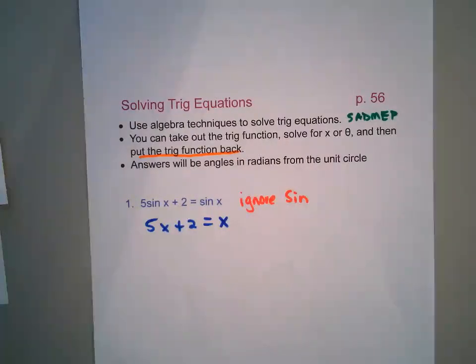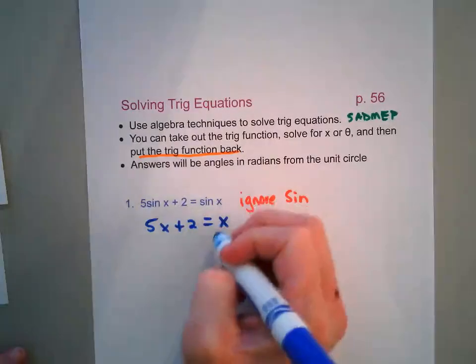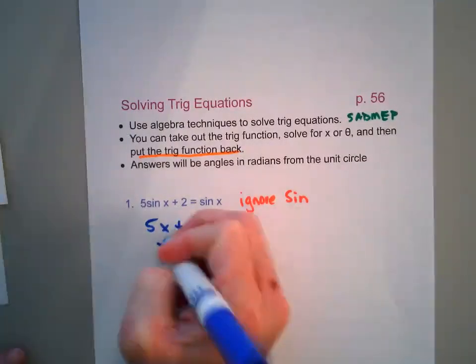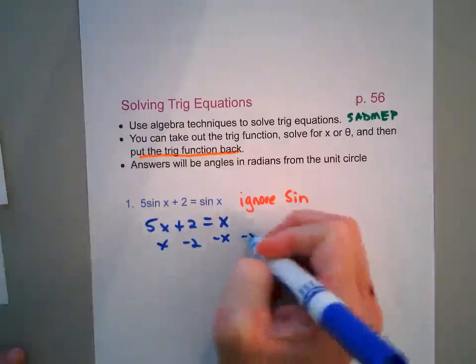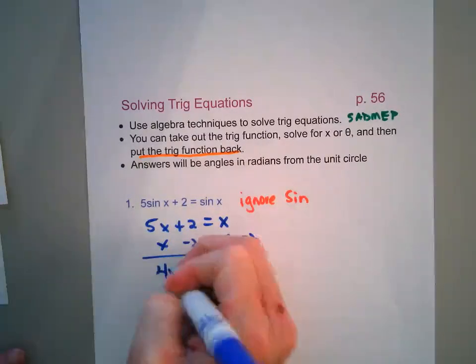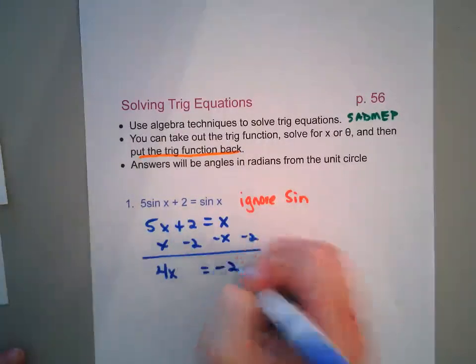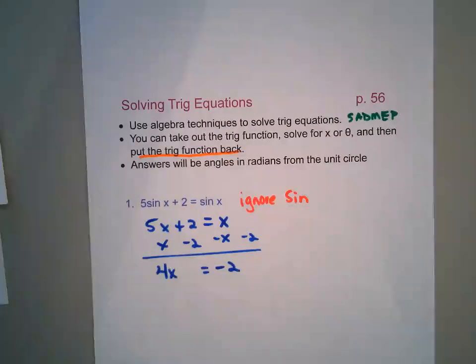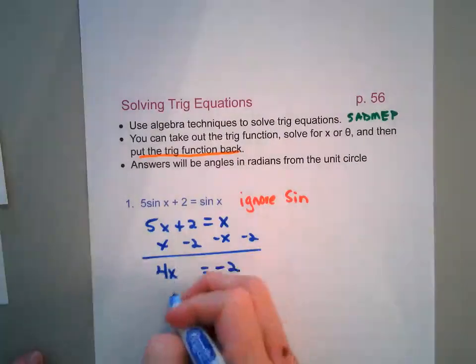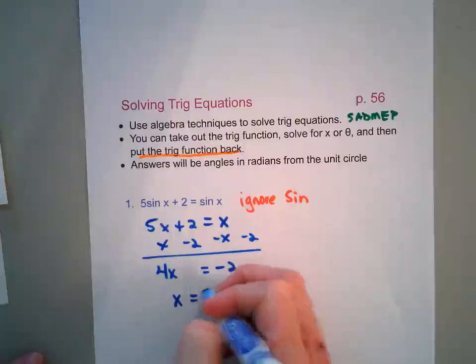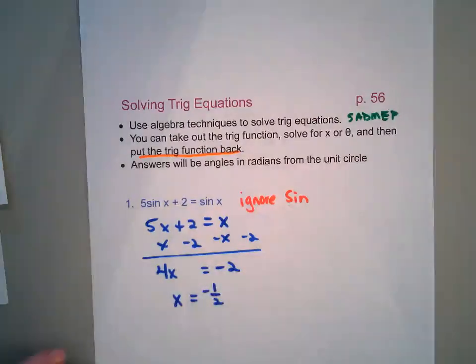So just solve the equation. I'm going to take x away from this and negative 2 away from this, and we get 4x equals negative 2. Divide by 4, x is going to equal negative 1/2.